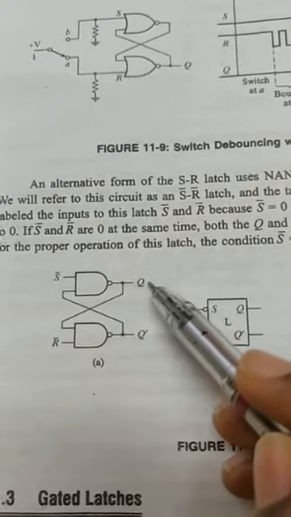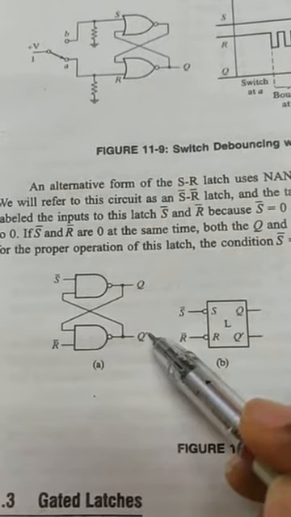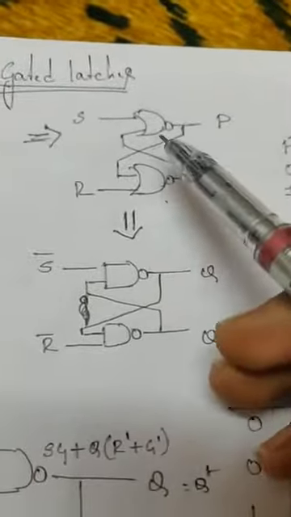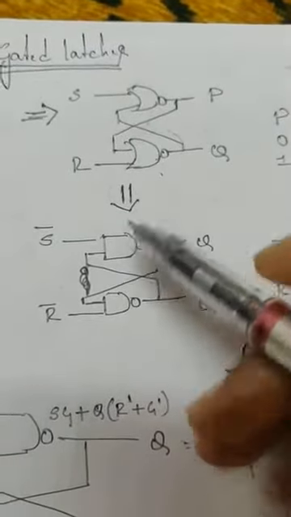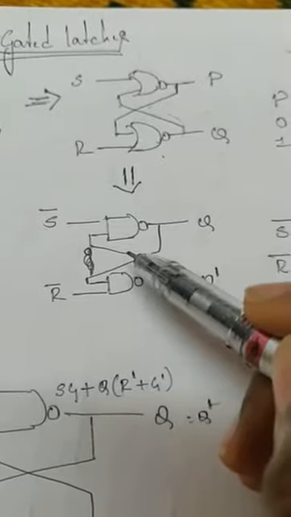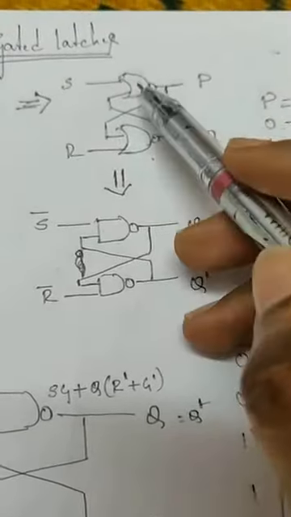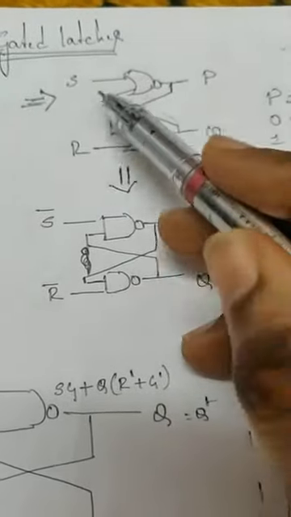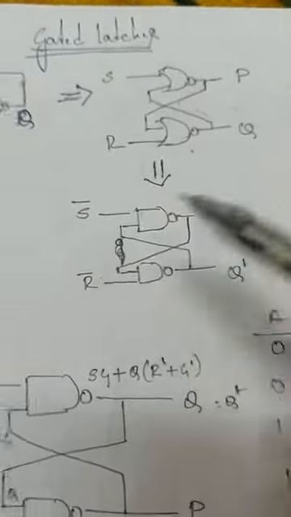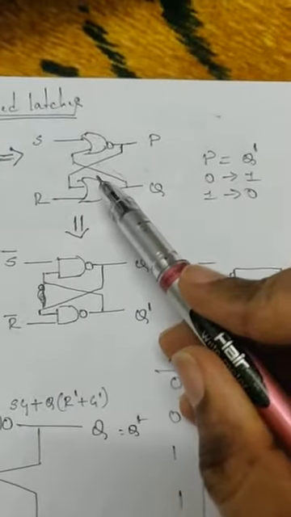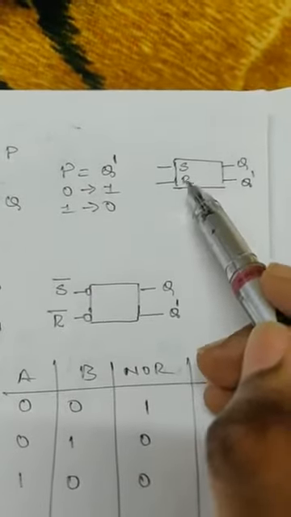Here they used to write P, here they used to write Q. So this is Q bar and P. Okay, so the same is written. So rather than using NOR gate, they used NAND gate. So this S and R becomes S bar and R bar. P becomes Q and Q becomes Q bar. Same here for this circuit, this can be written like this: S, R, Q and Q bar.